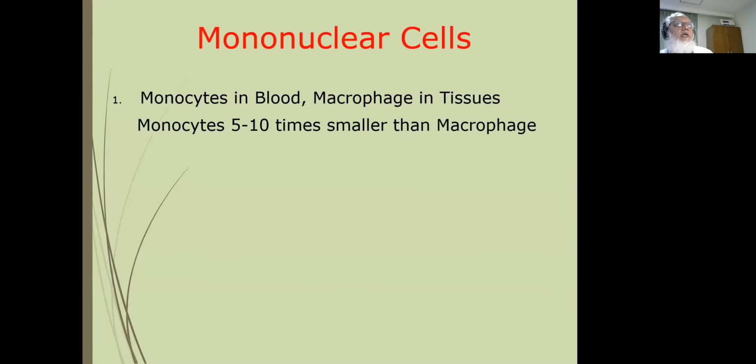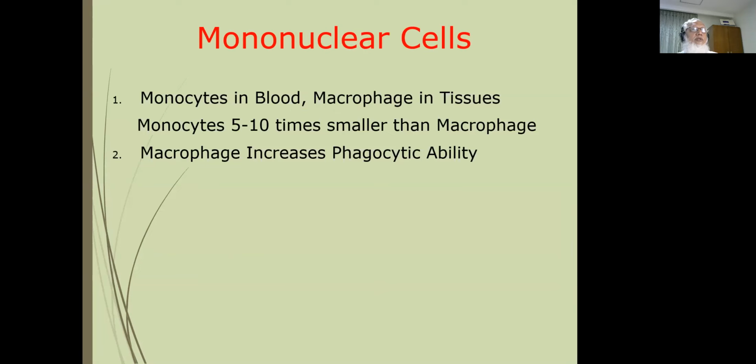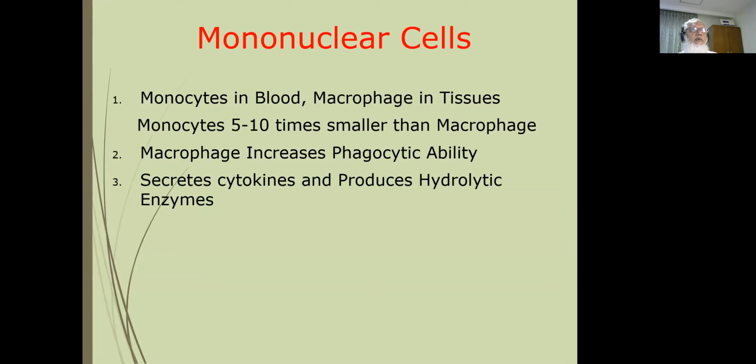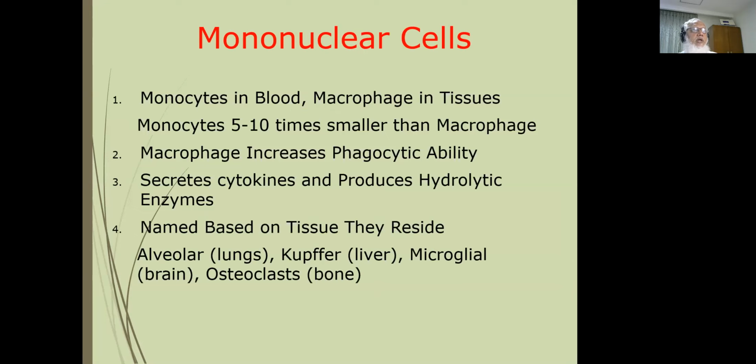Monocytes and macrophages. Mononuclear cells are monocytes in the blood, and in the tissues they are macrophages. Tissue monocytes are 5 to 10 times smaller than macrophages. Macrophages have increased phagocytic activity. They are known as macrophages because they are big eaters. They secrete cytokines and produce hydrolytic enzymes.